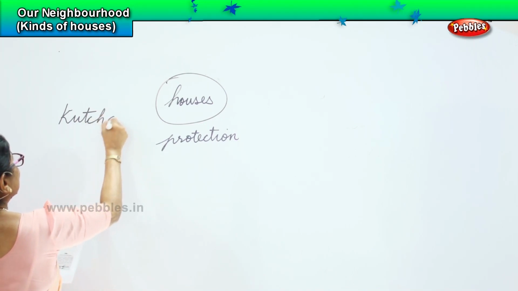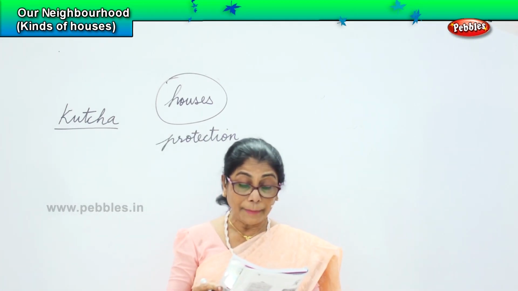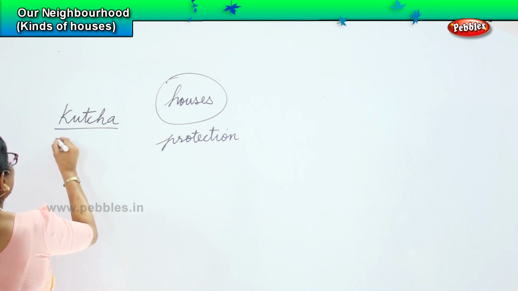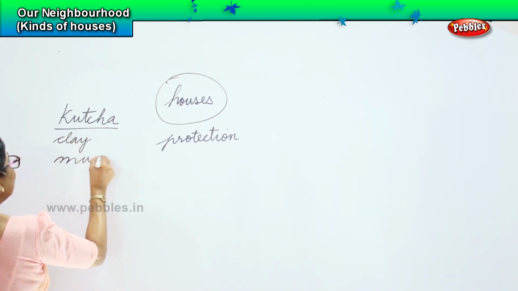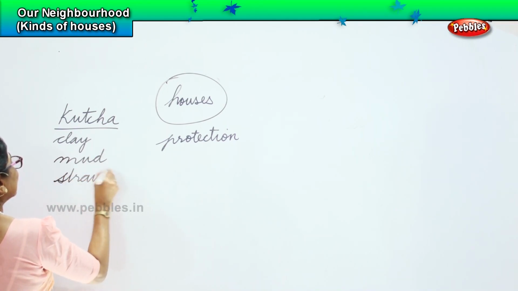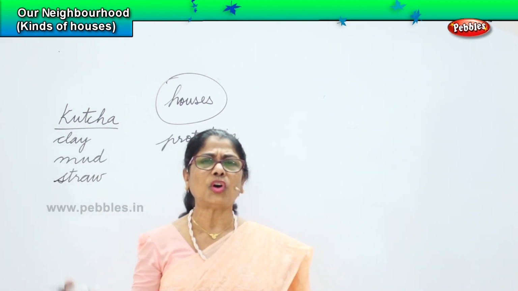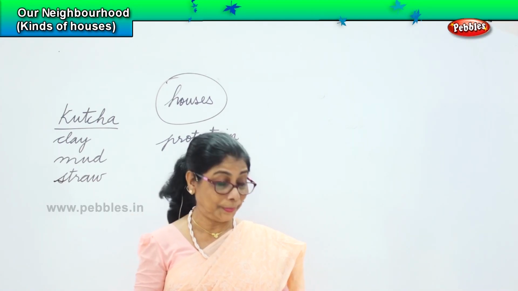When you say kacha, what do you mean? The kacha houses are made of clay, mud, straw. Most of these types of houses you find in the forest area. So, kacha house is one type.